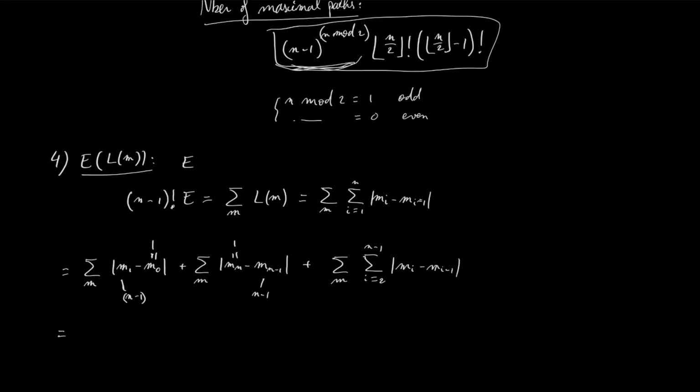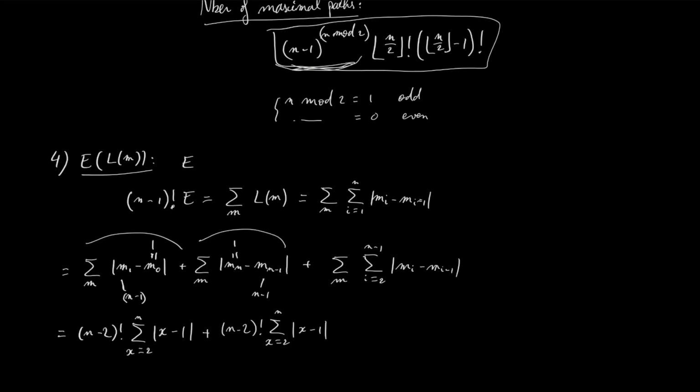So we can write that this is equal to (n-2)! times the sum from x equals 2 to n of (x-1) plus (n-2)! times the sum from x equals 2 to n of (x-1). So basically these two sums are the same, and we will take care of this sum a bit later.